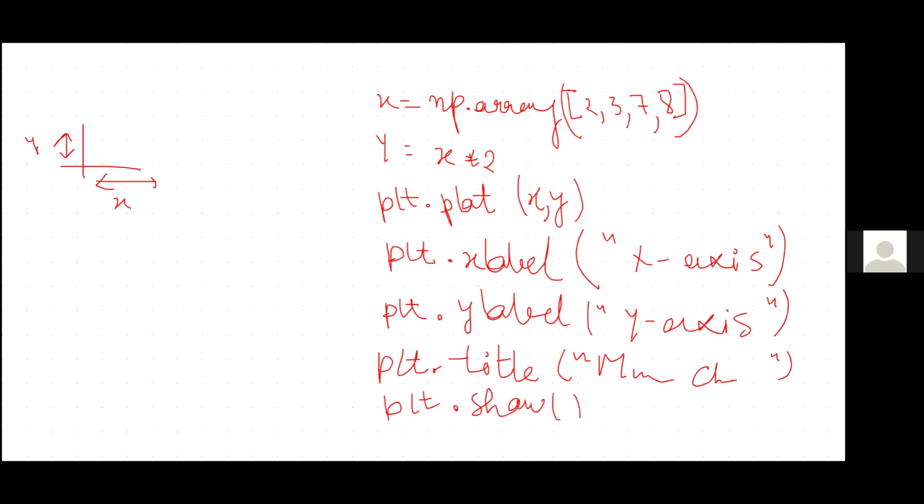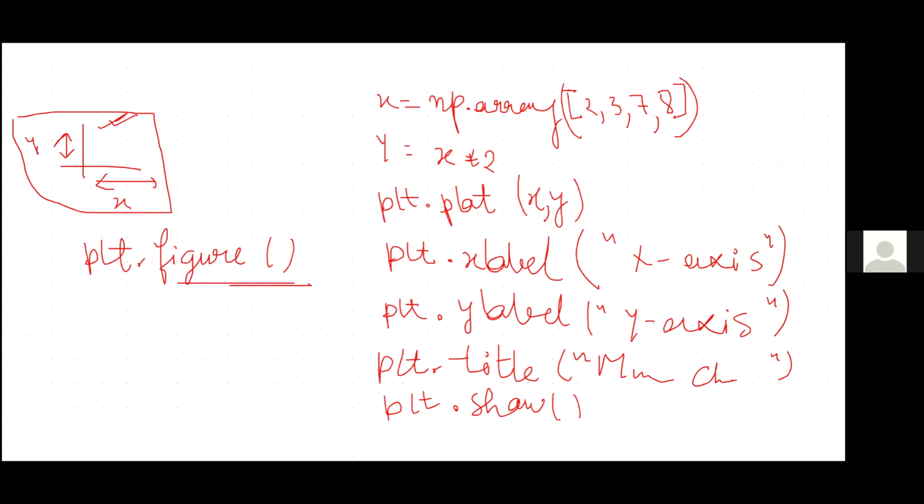Now the next one: plt.figure. This function will create another chart. This will be a chart already done in this portion. When you use this function, it will create another chart in the same section. Now taking x1 and random values 10, 20, 30, 40.